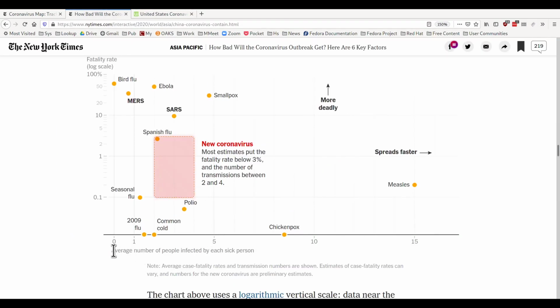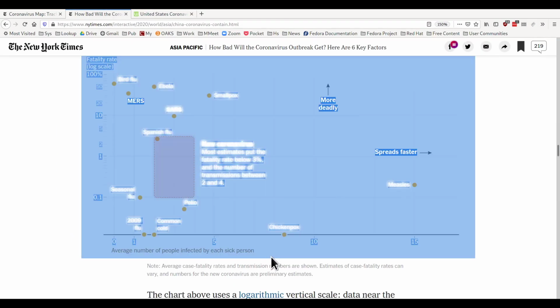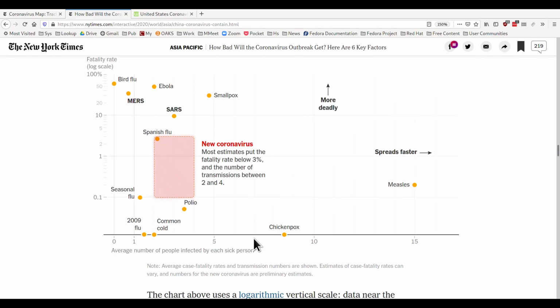The number here on this horizontal axis is r0. That's the basic reproduction number. The diagram was drawn when the basic reproduction number was estimated to be between, looks like about 2 and 5. Well, yeah, right here, between 2 and 4.